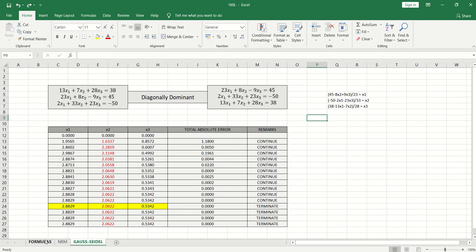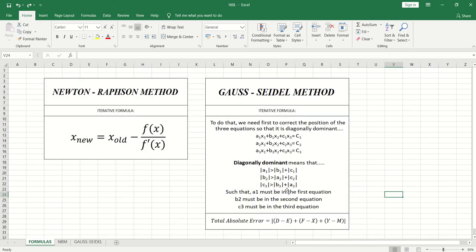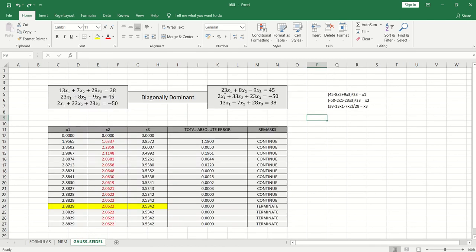With this, it is defined that a1 must be in the first equation, b2 must be in the second equation, and c3 must be in the third equation. In the first equation, we can get x1. So this would be the value of x1: 45 minus 8x2 plus 9x3 over 23. For x2, we'll find x2 here.